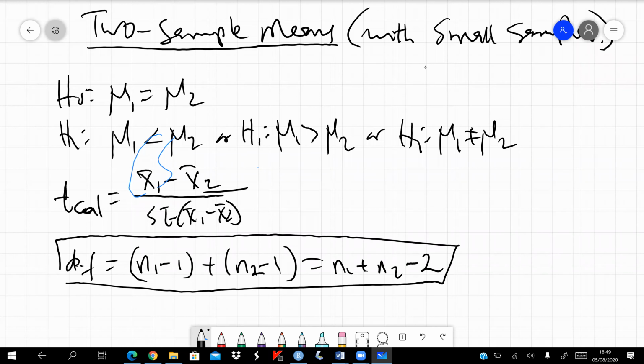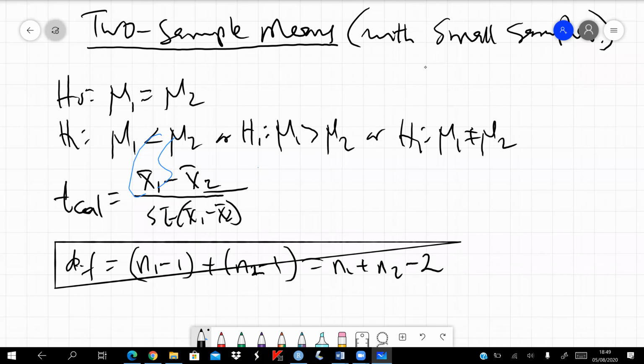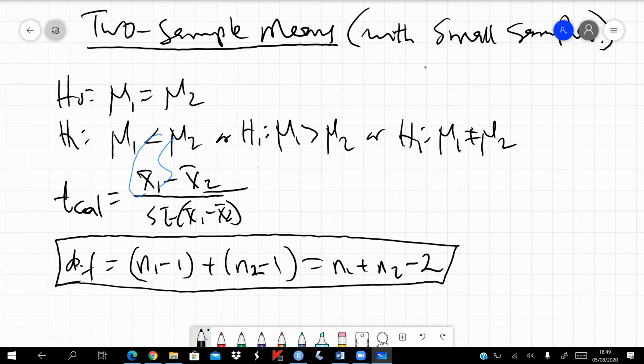You check the tables the same way we have done. So nothing changes, and we are not going to have an example on this because I think it should be easy for you to see. So that's the bit I wanted us to cover on small sample hypothesis testing. I want us to stop there as far as that bit is concerned.